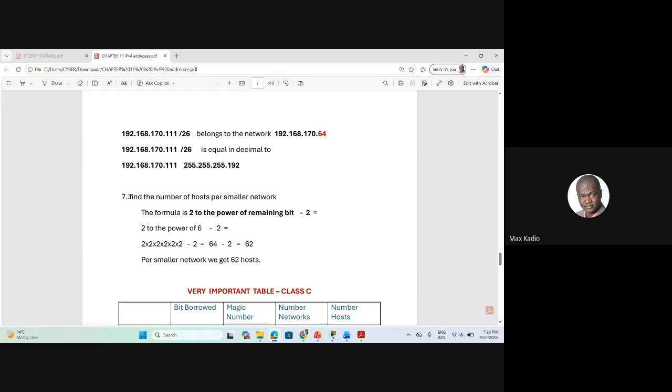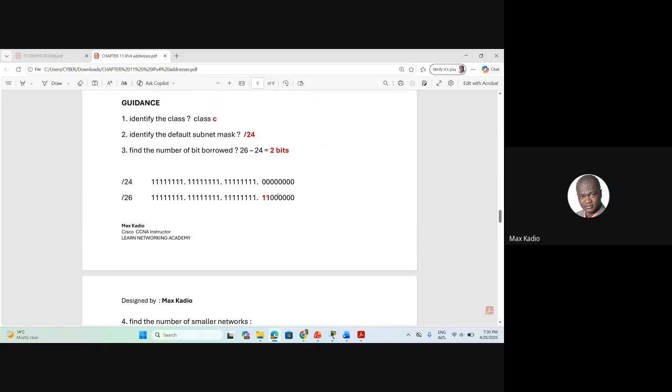Now, when you have a network, how to find how many hosts can fit in the network. So we saw that we have divided our big room into 4 smaller rooms. How many people can fit in one smaller room? We also have a formula: 2 to the power of remaining bits.